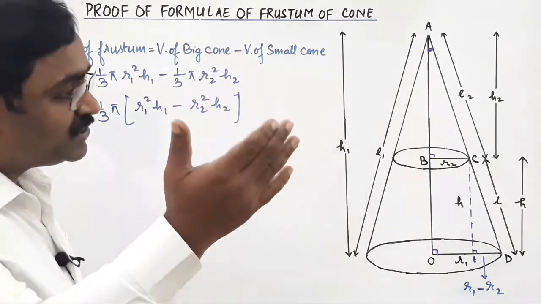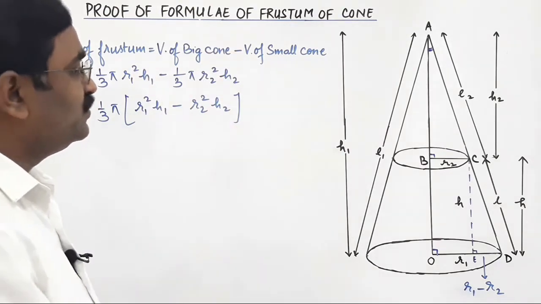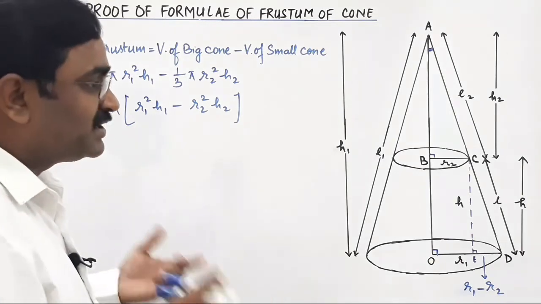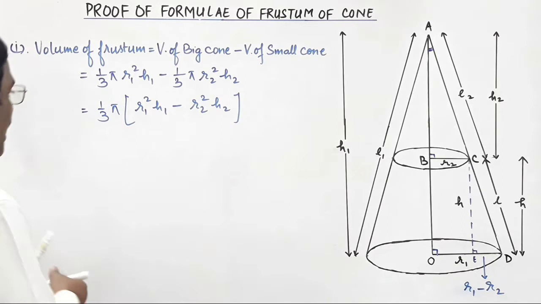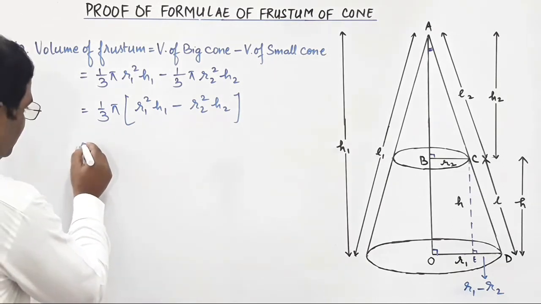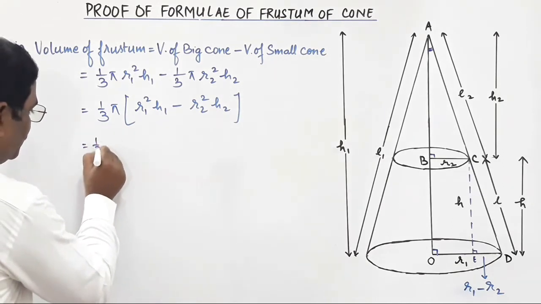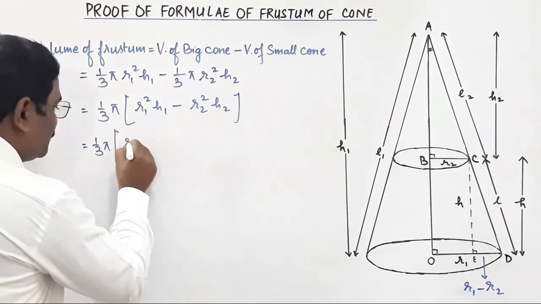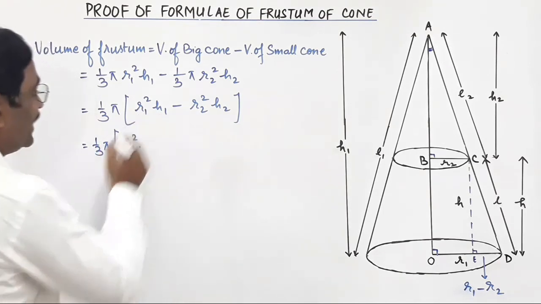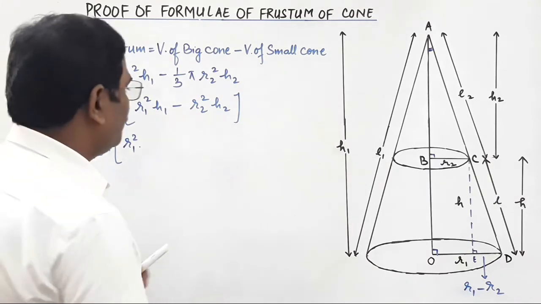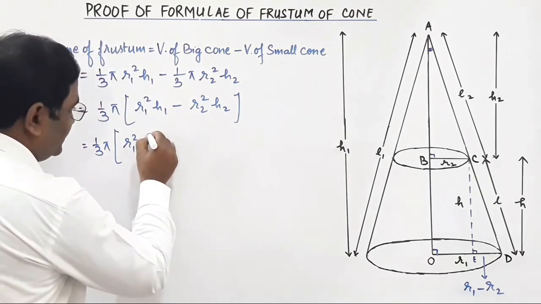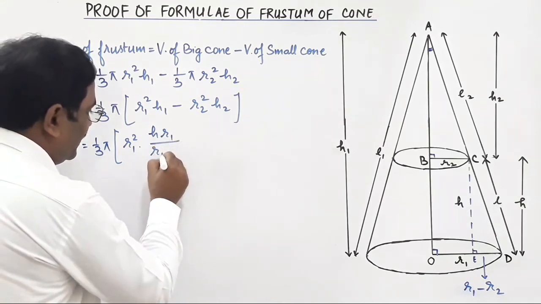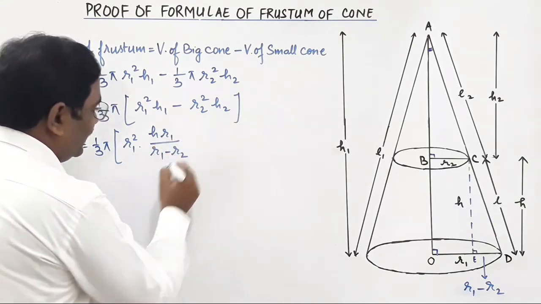What was the value? Just recall. H1 is equal to, from the third equation, H R1 upon R1 minus R2.